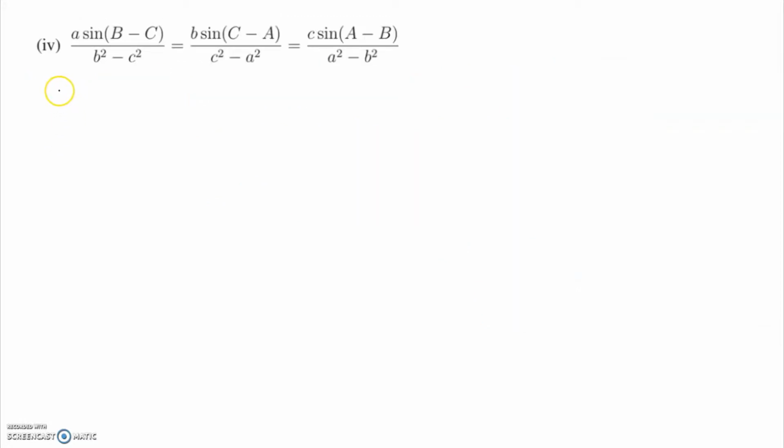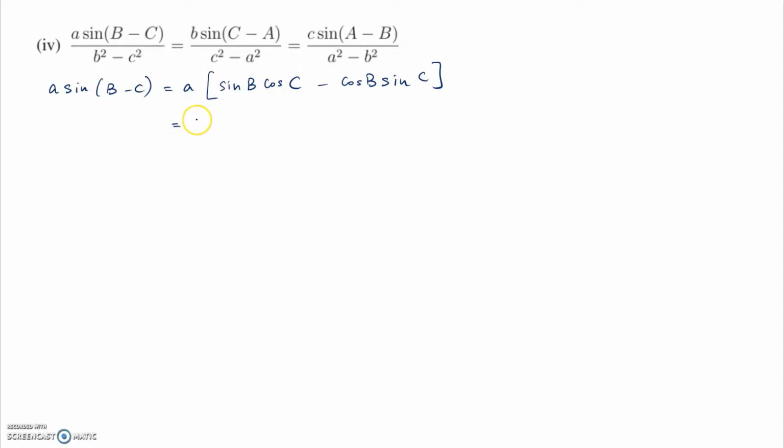Part 4 of question number 7. Now, let us take the first term and let us take the numerator of it, which is a sine (B minus C). So, we can expand sine (B minus C) as a into (sine B cos C minus cos B sine C).